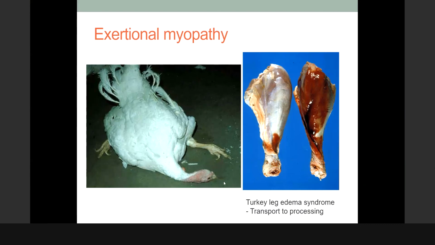And then they just drop, okay? Look at this. Okay, this less severe one, you see some hemorrhages. In a lot more severe one, you'll see edema of the whole drumstick here.